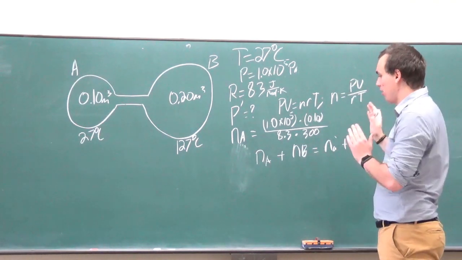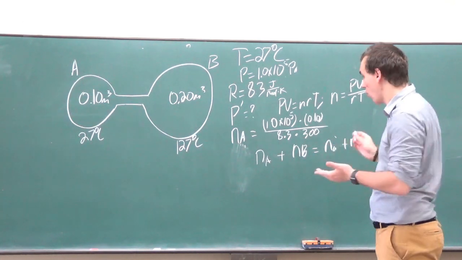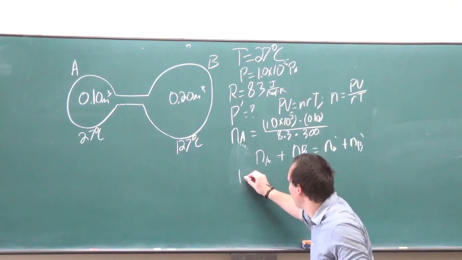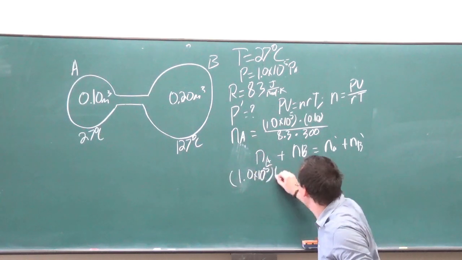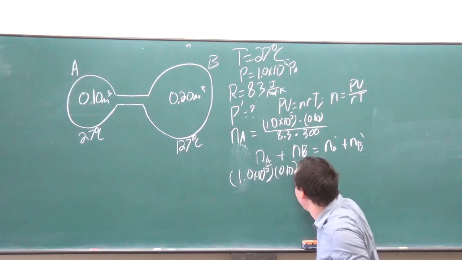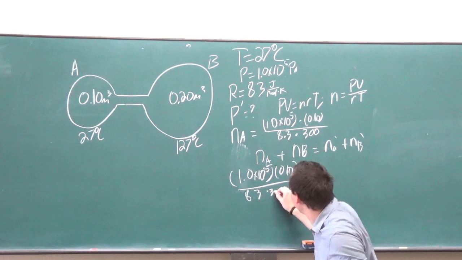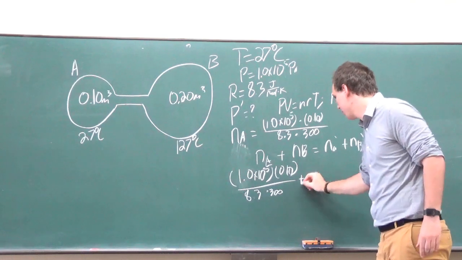Alright. The process for these is all the same. So let me just walk through those real quick. That is 1.0 times 10 to the 5th times 0.10 over 8.3 times 300. Great. NA down.